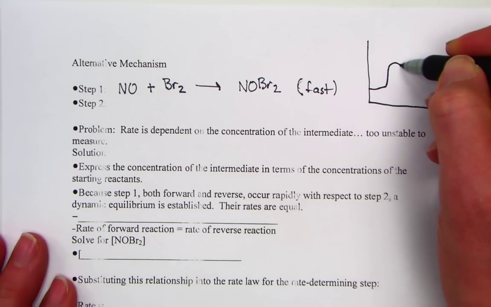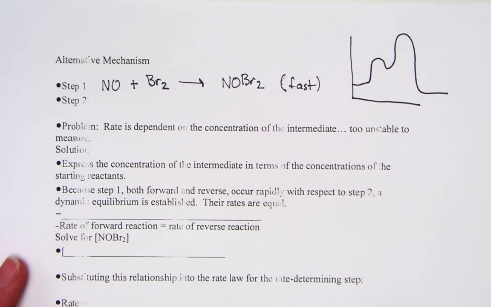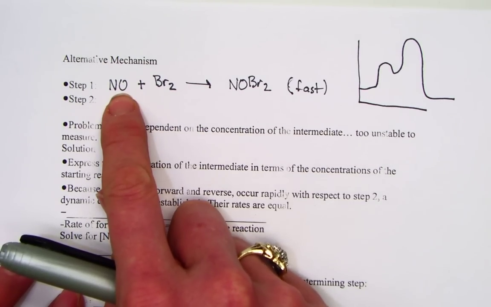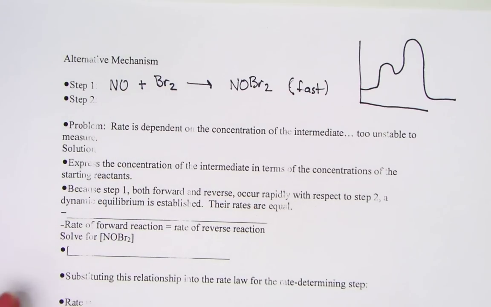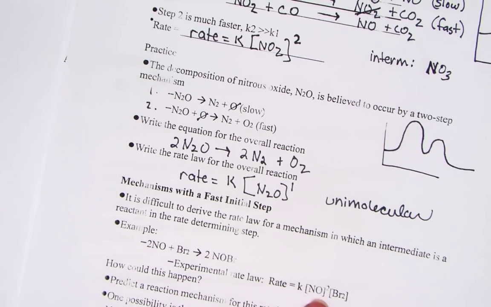Just thinking that through, it's the next step that's going to have a larger activation energy. Because see, if the observed rate law was NO to the first order and Br2 to the first order, then I know the observed rate law would come from that slowest first step. But it's not telling me that. The rate law was second order with respect to NO and first order with respect to bromine.